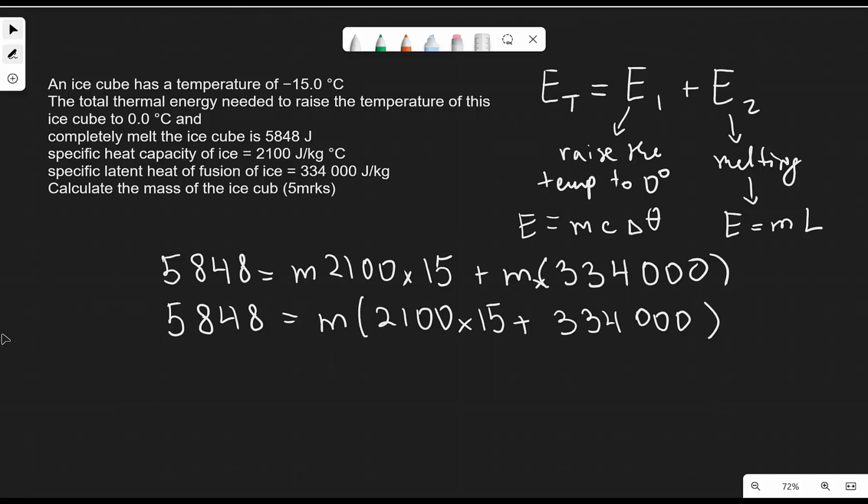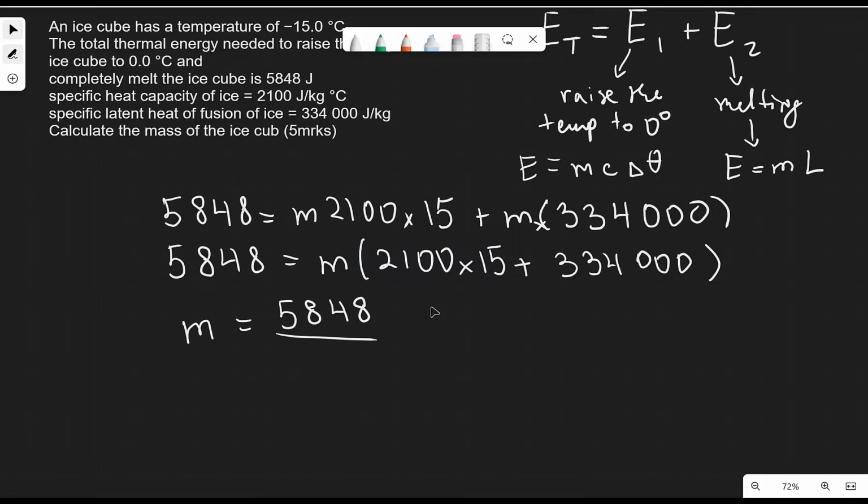Now I can just rearrange for m, and the mass will just be equal to 5848 divided by that number, which is 2100 times 15 plus 334,000.